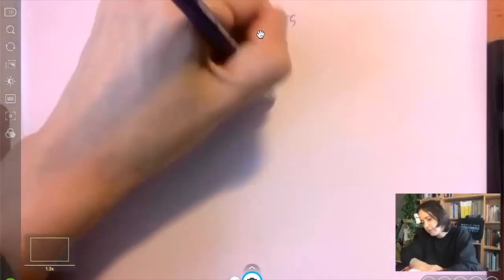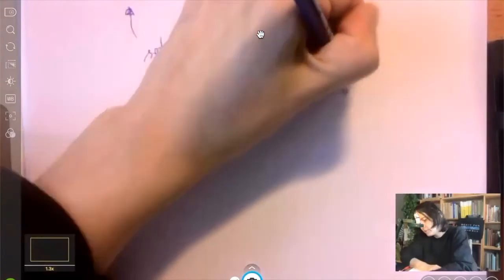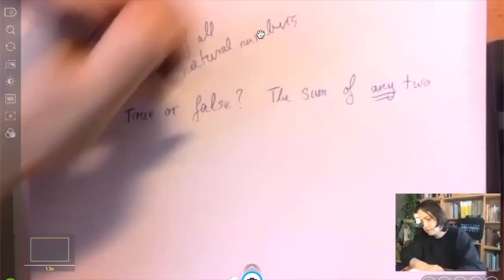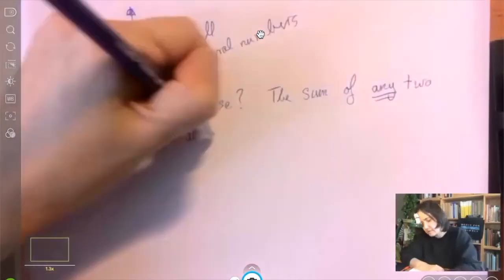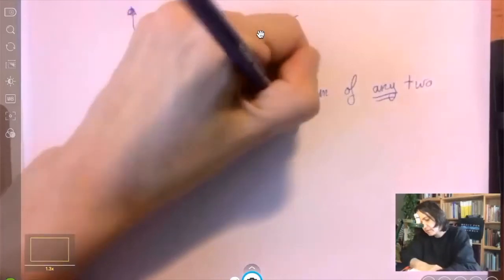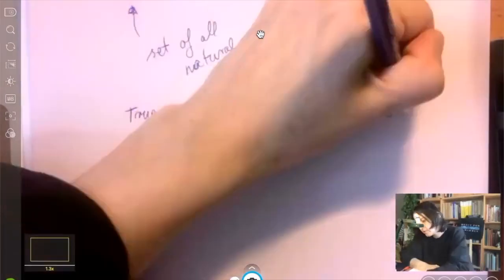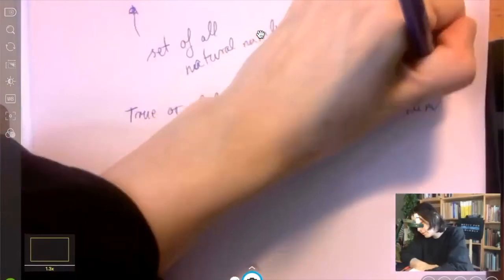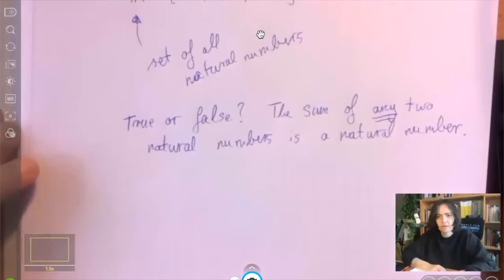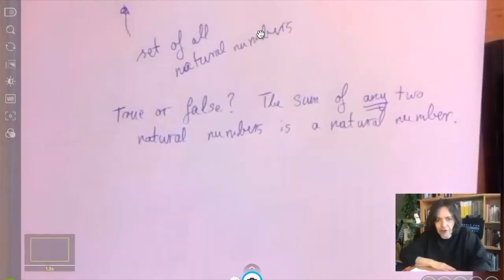The sum of any 2 natural numbers is a natural number. So, true or false? If we add 2 natural numbers, that sum is gonna be a natural number for sure. True. That is true, indeed.